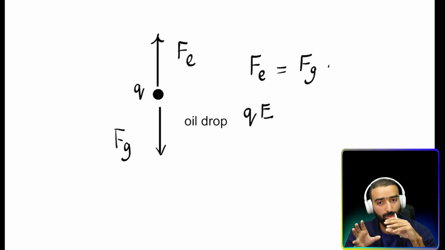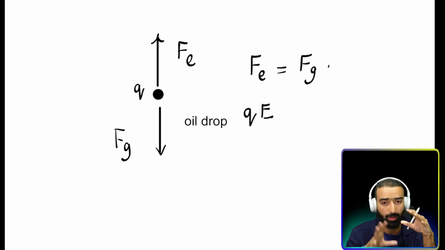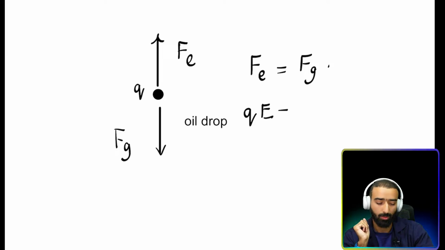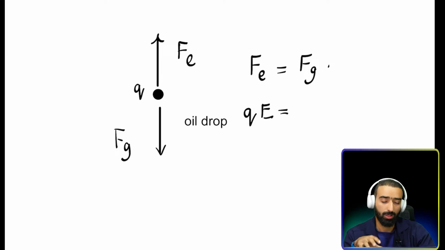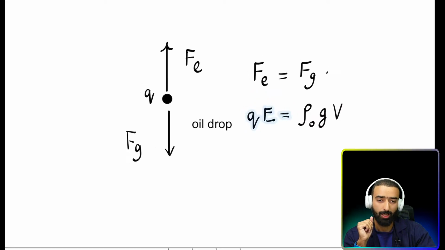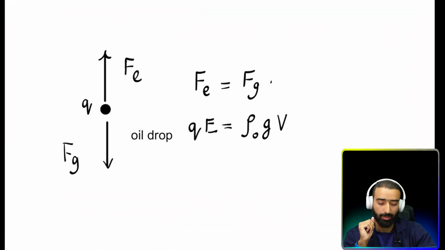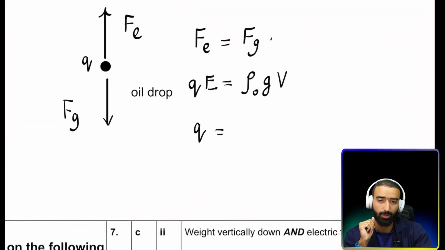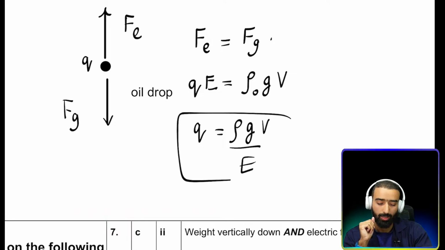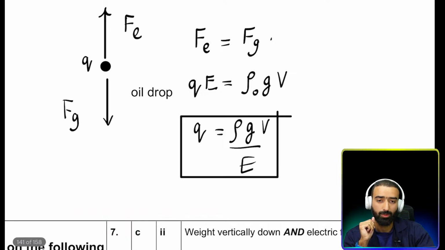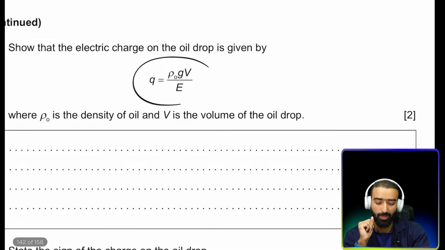Since we have Q coulombs, the force is QE. So QE equals the force of gravity, which is density of oil times g times V. If I rearrange this equation, I get Q equals rho g V over E.